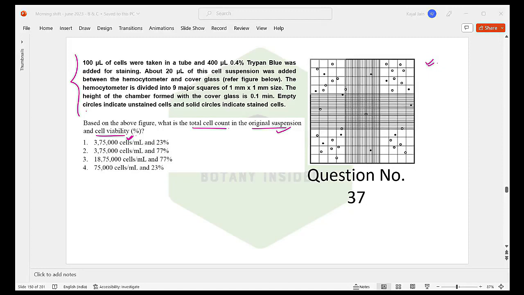If you know the basic concept behind this question, you'll be able to solve it within a maximum of 2 minutes.